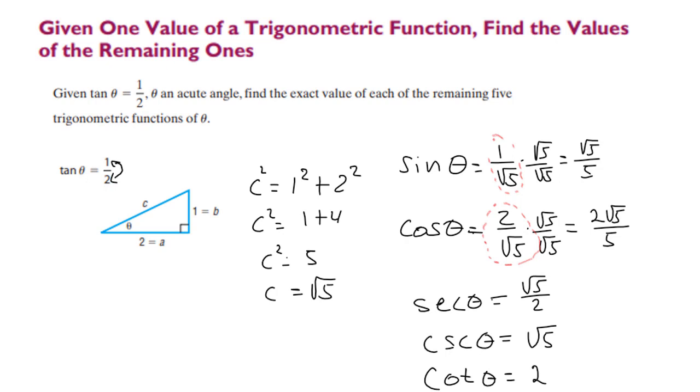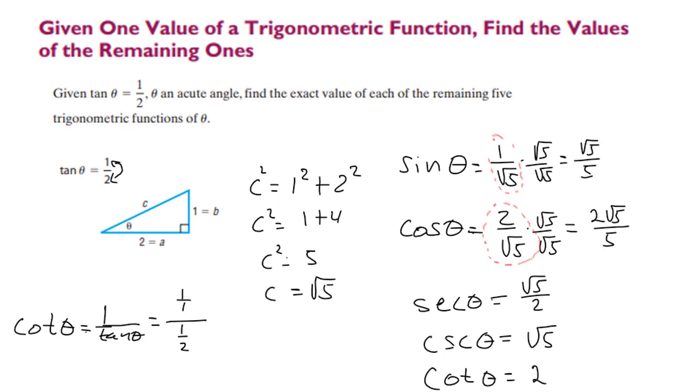Or, I'm going to do a procedure here, just in case you need to see it. Cotangent of theta is equal to 1 over tangent of theta. Remember, we're using the fundamental identity. And this is equal to 1 over 1 divided by 1 over 2.